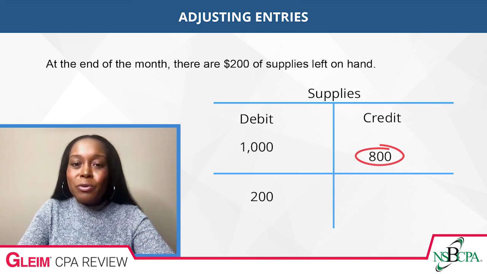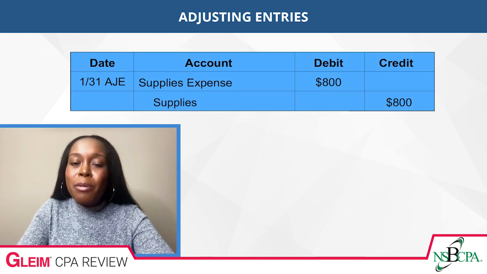This $800 represents the supplies used this month. So we will debit supplies expense. Here's the journal entry in the proper format. We would record the adjusting journal entry, often labeled AJE, in the journal, and then post to both of the T accounts in the general ledger.